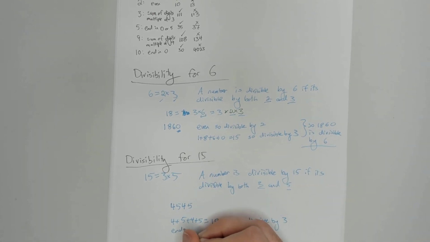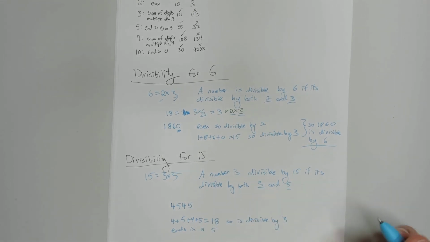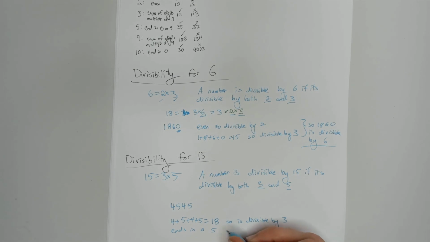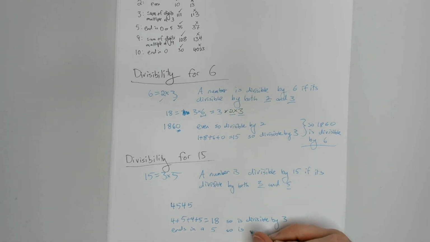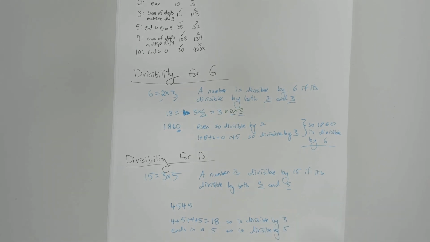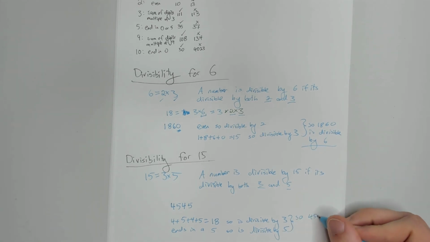And our number ends in a 5, which means it's divisible by 5, right? It needs to end in either a 5 or a 0. That is satisfied, so it is divisible by 5. Since this number is divisible by both 3 and by 5, it has to be divisible by 15.